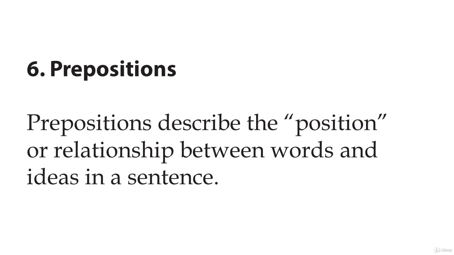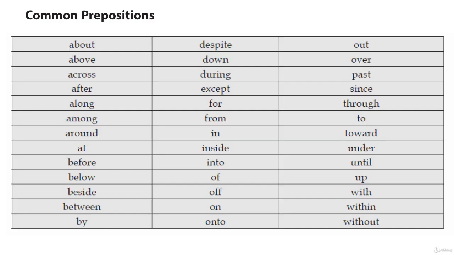Okay, so the sixth part of speech are prepositions. Prepositions describe the position or relationship between words or ideas in a sentence. I know that seems kind of abstract, so let's look at some examples of prepositions. Take a glance at this list. If you want to even pause the video here and just kind of look at the list, you can see how these words describe position or relationship between things in a sentence.